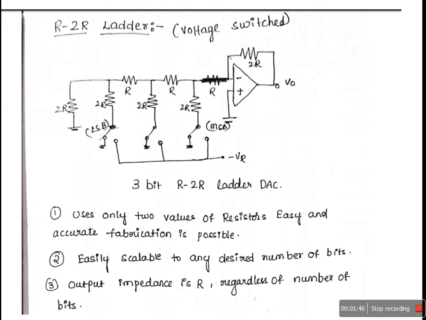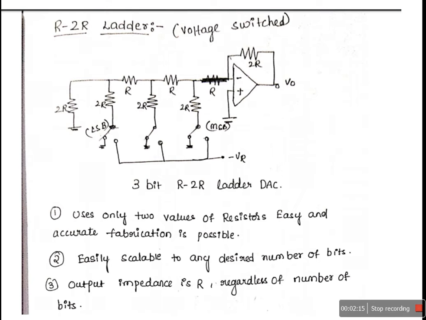In the previous weighted resistor type, we connect the resistors depending on the positional weightage of the input data. That means here 2 power 1 R, here 2 power 2 R, here 2 power 3 R and so on. The value of the resistor depends on the positional weightage of each bit.